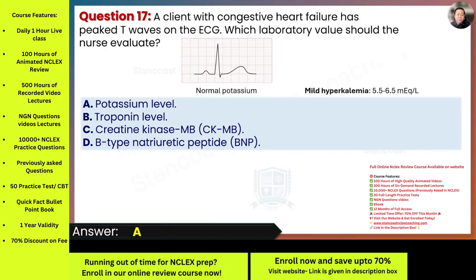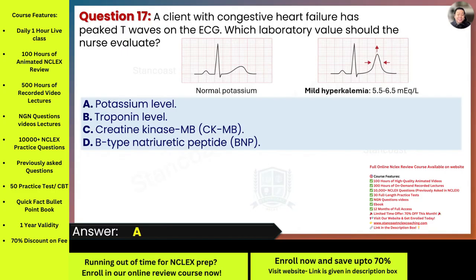However, when there is going to be mild hyperkalemia, such as in the case of 5.5 to 6.5 milliequivalents per liter, what you're going to see here is that the T waves will become tented, right? So why is this happening?